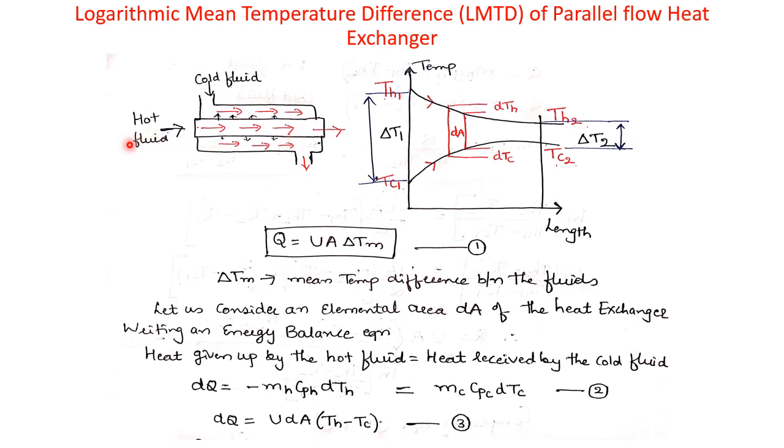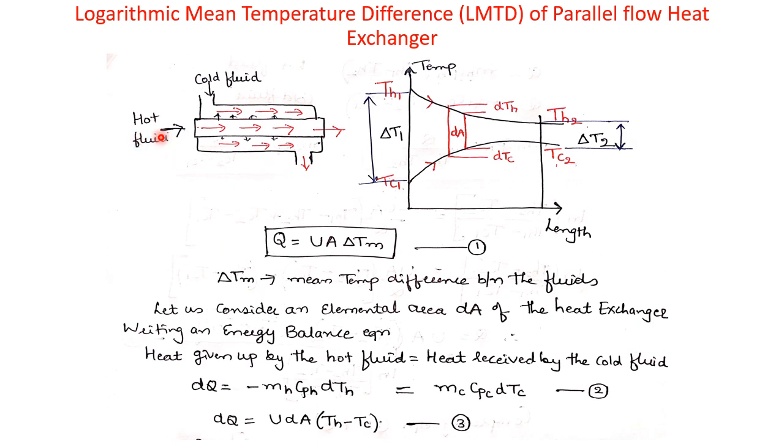Hot fluid enters at a temperature of TH1 and leaves the heat exchanger at a temperature of TH2, which is shown in the graph here. Whereas cold fluid enters the heat exchanger at a temperature Tc1 and leaves at a temperature Tc2.